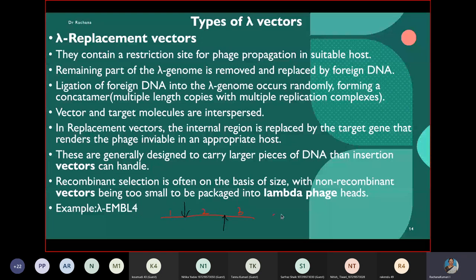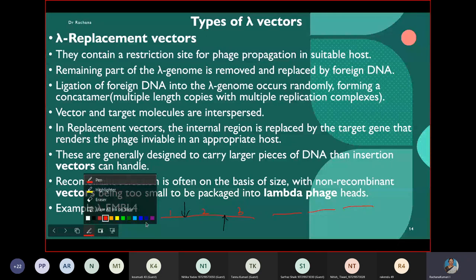Now in the gaps which are generated between these fragments, we can have the insertion of our desired target gene of interest. So this is the position here. Now this single phage genome has a double insert of the foreign DNA. And how did this happen?